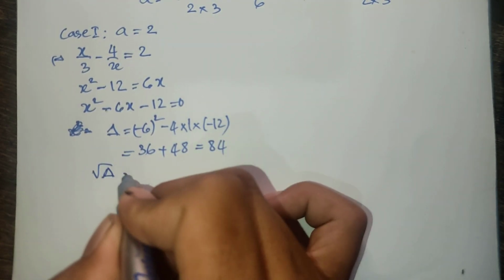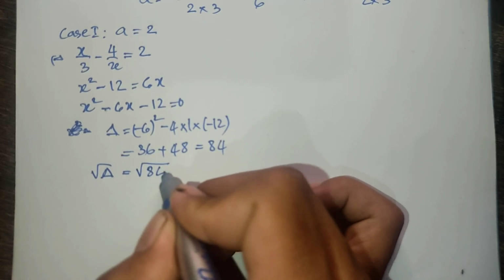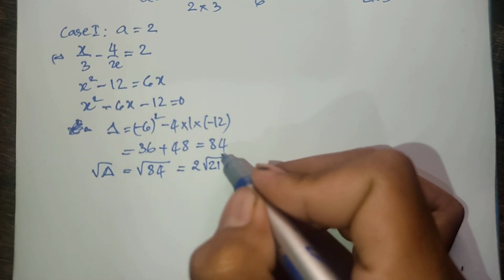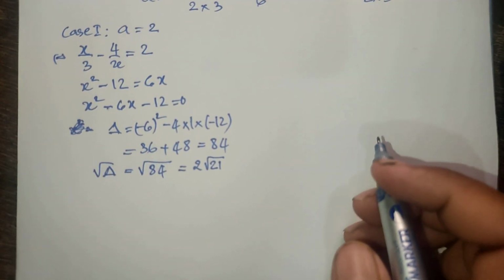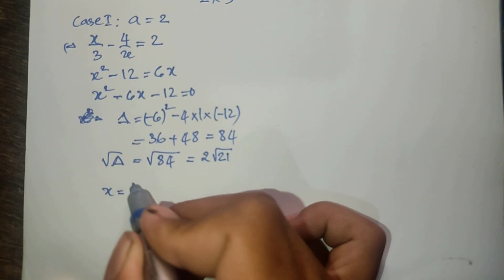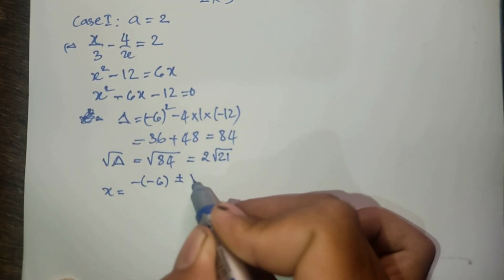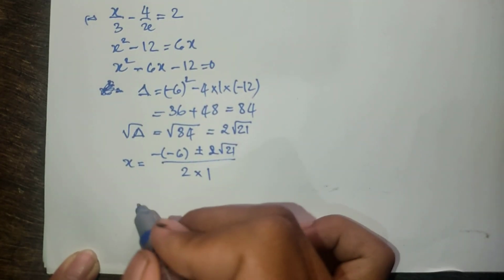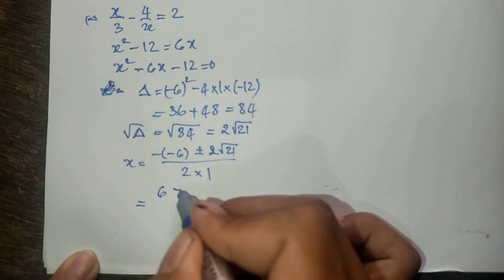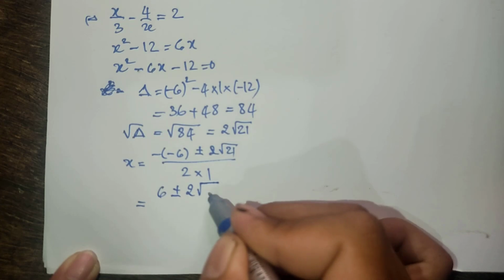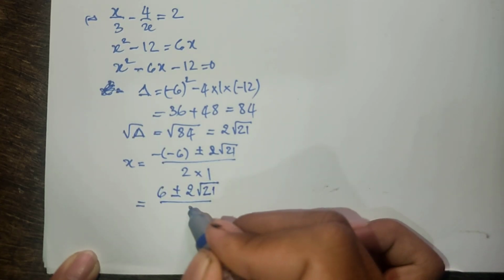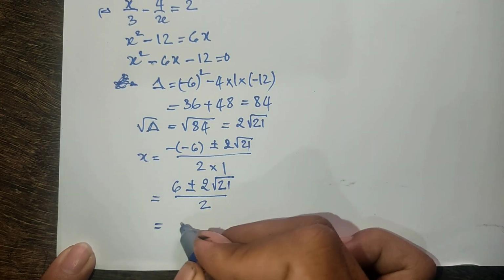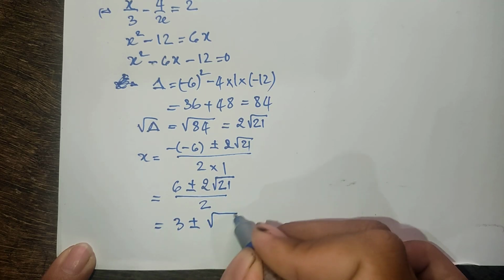The square root of the discriminant is the square root of 84, which equals 2 square root of 21. So x equals (6 plus or minus 2 square root of 21) divided by 2. Simplifying with 2, we get x equals 3 plus or minus square root of 21.